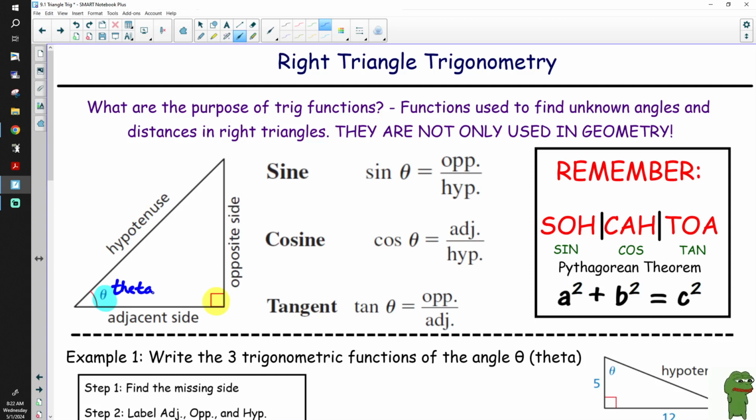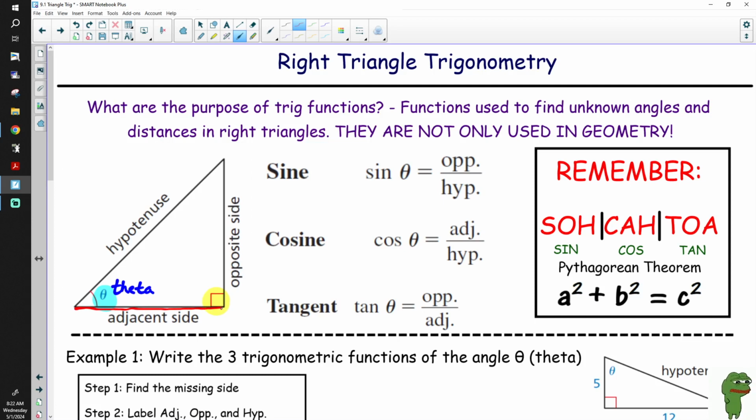Now, based on where your angle is, you can name the sides of our triangle. And each one has its own unique little property that helps us use our sine, our cosine, and our tangent. Not sin, not cos. Sine, cosine, tangent. Wherever theta is, the side that touches it, that is not our longest side, is called our adjacent side.